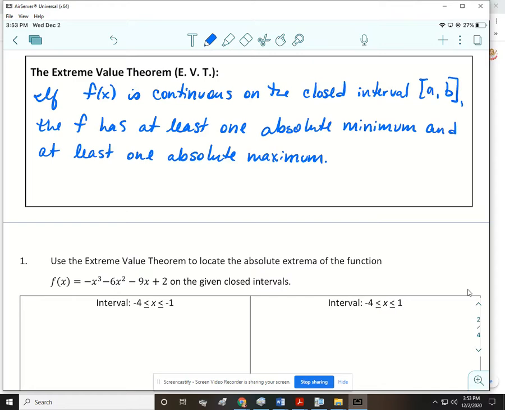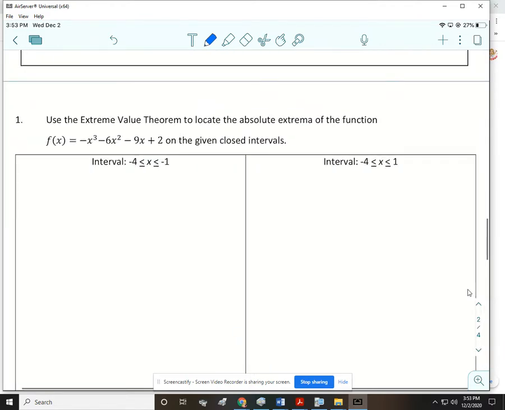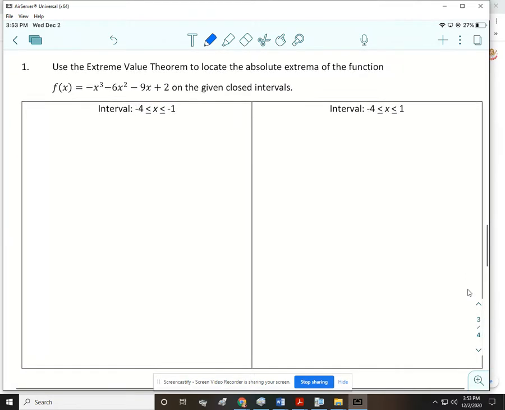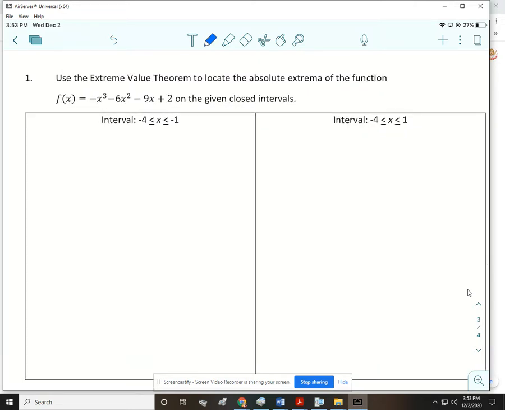All right, so on number 1, we're going to use the extreme value theorem to locate the absolute extrema of the function. Okay, so this is where I like to talk about a history test. So let's say that you are taking a history test and the teacher asks, who is the 3rd president of the United States? And you answer Monticello.